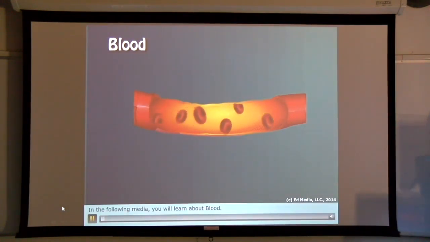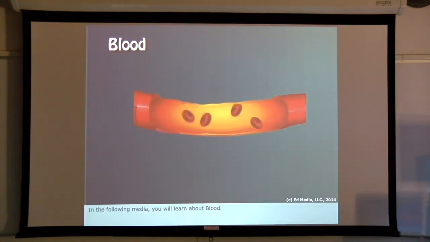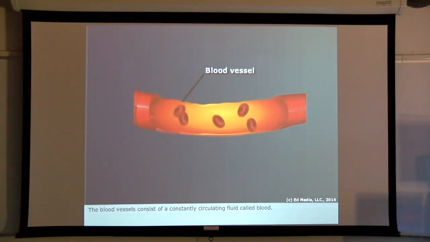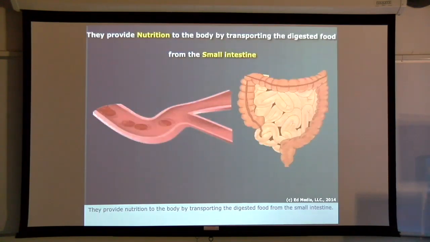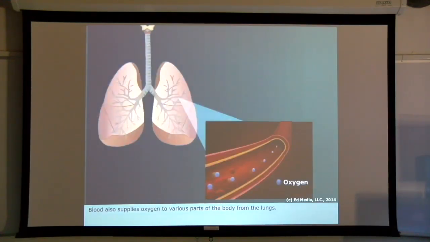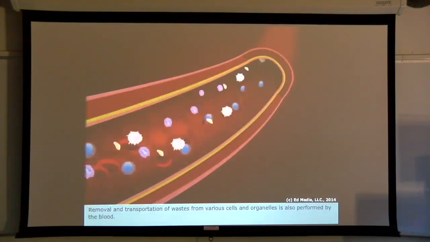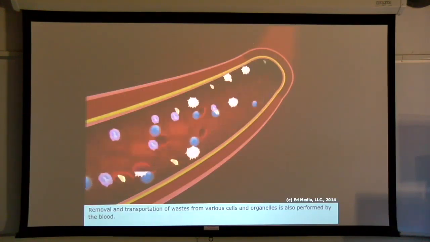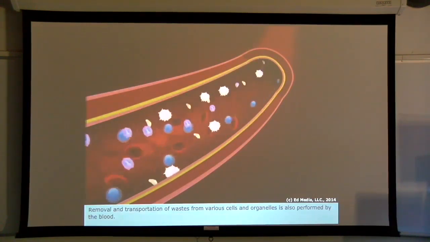In the following media, you will learn about blood. The blood vessels consist of a constantly circulating fluid called blood. They provide nutrition to the body by transporting the digested food from the small intestine. Blood also supplies oxygen to various parts of the body from the lungs. Removal and transportation of wastes from various cells and organelles is also performed by the blood.